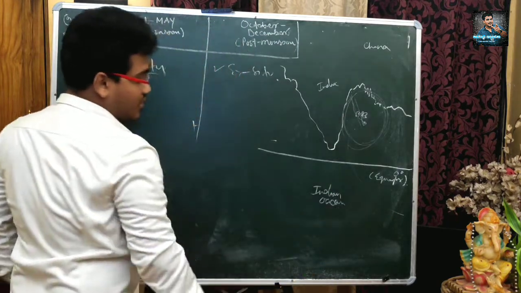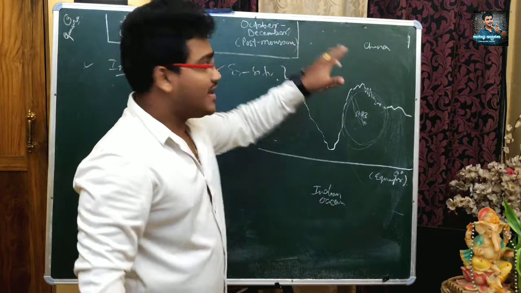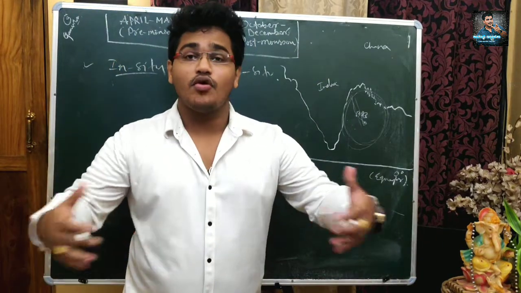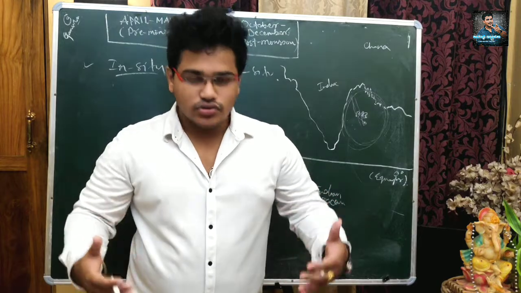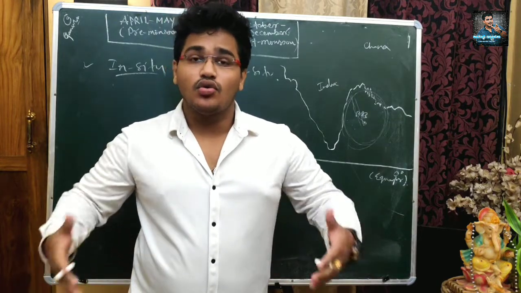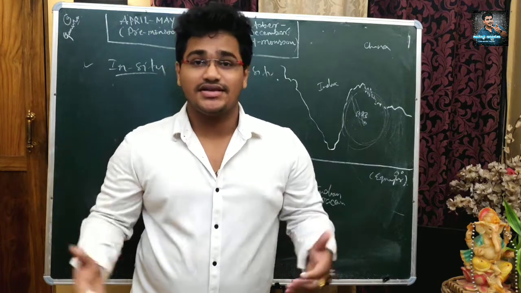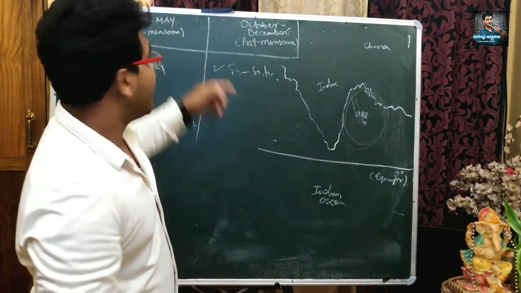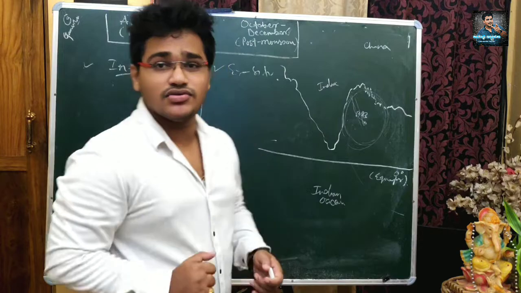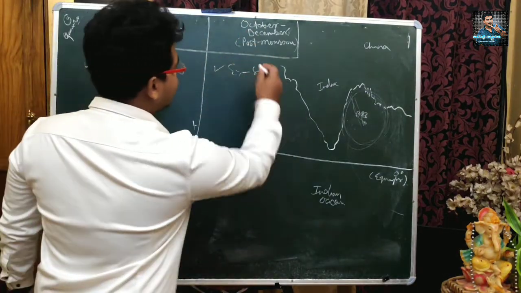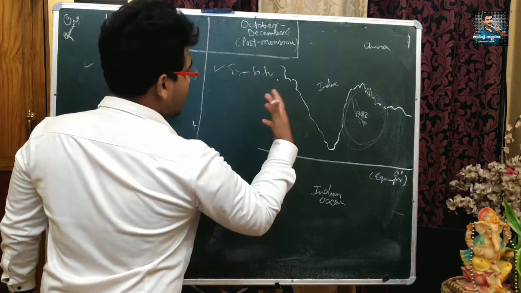As a result, these cyclones get sufficient time to accumulate more moisture, and also as a result they grow in size. They become bigger and bigger in comparison to the April and May month cyclones. So it's clear why these post-monsoon cyclones are more severe.